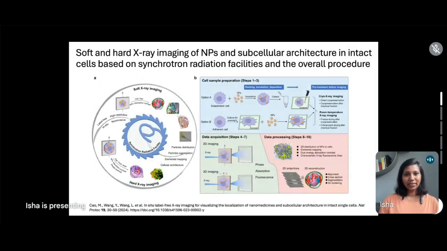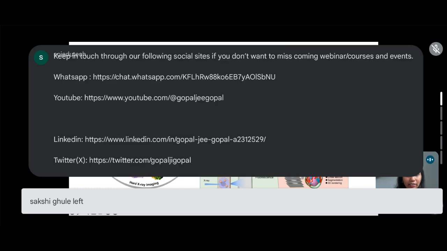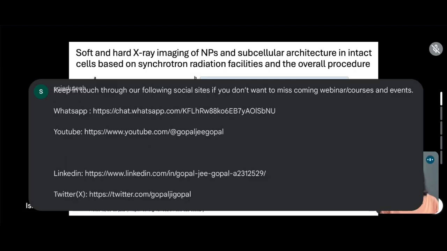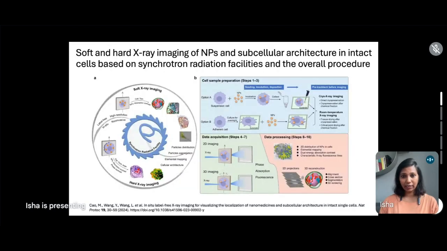So those were some hard X-ray examples. But you can also do a lot of soft X-ray imaging. The example I have taken here is a nanoparticle used to target certain kinds of cells.